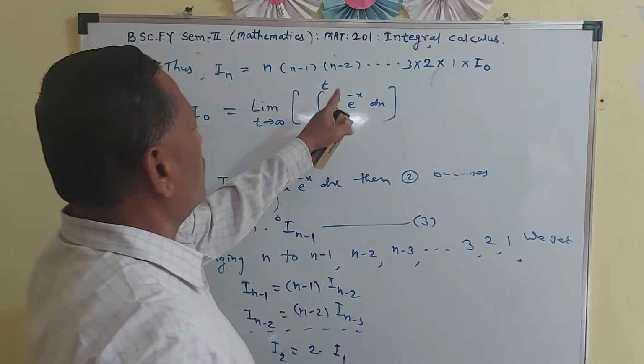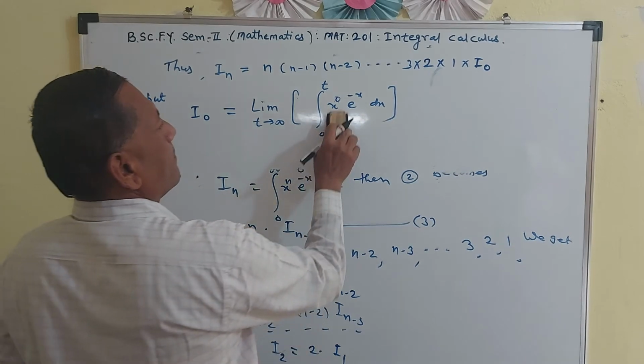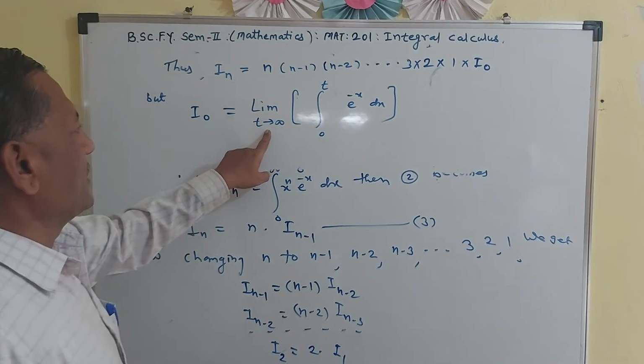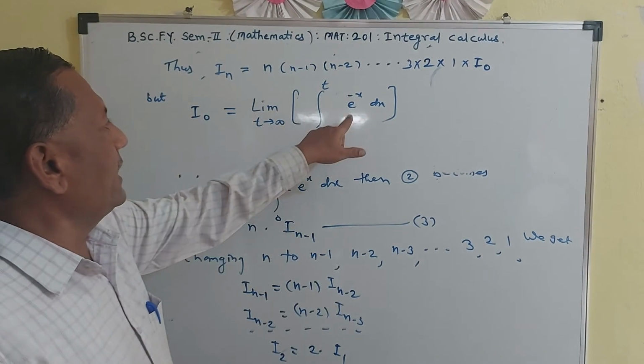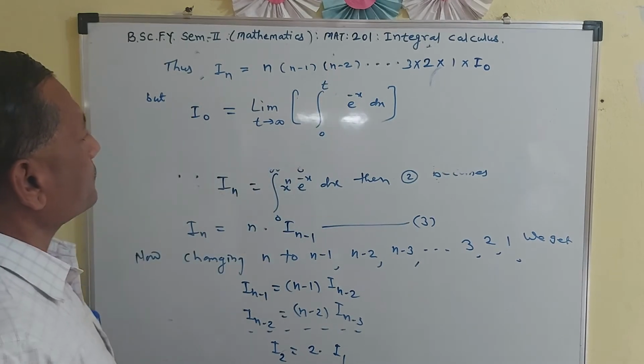But what is x raised to 0? x raised to 0 is 1. Therefore, limit as t tends to infinity of the integral from 0 to t of e raised to minus x dx.